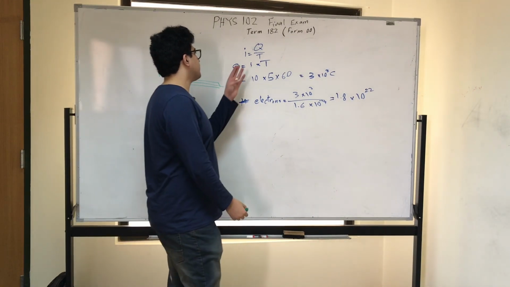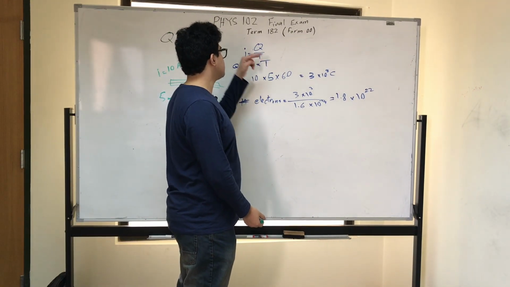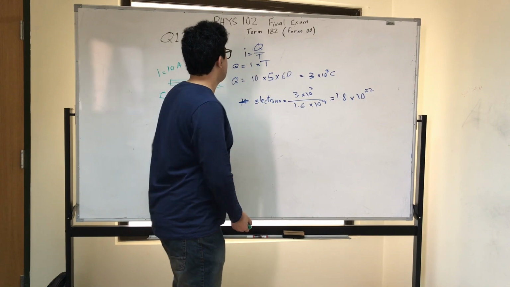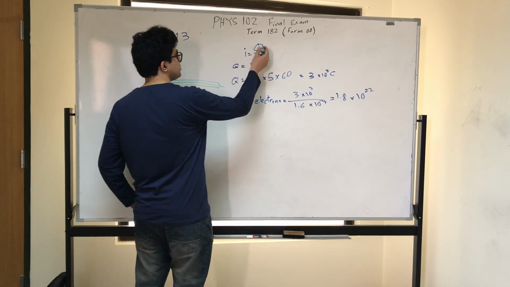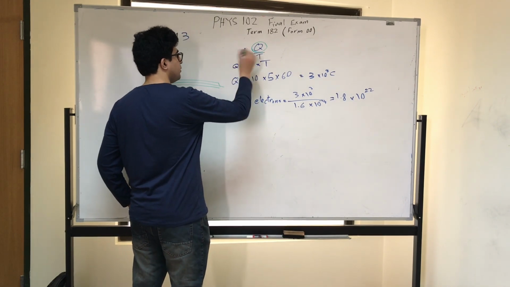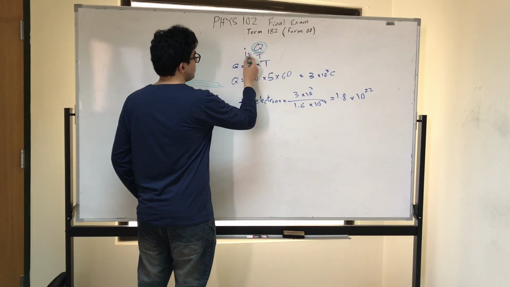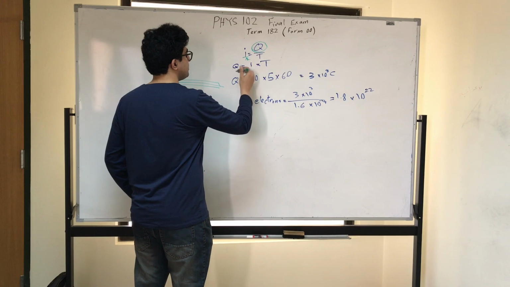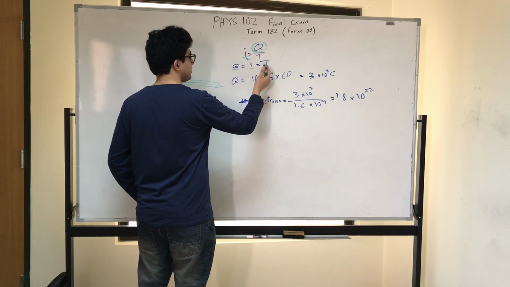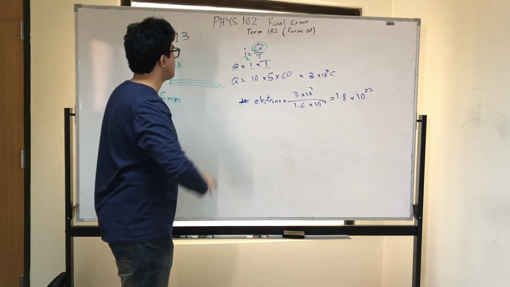So we know that the current is defined as the charge over the time. And we want to solve for the charge to get the number of electrons. So cross multiply, and you get the charge to be equal to the current times the time.